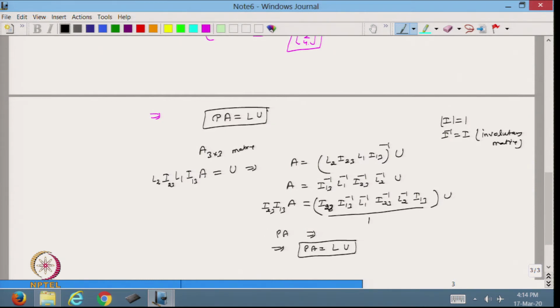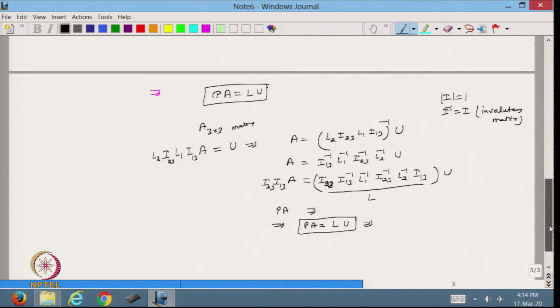So, that is my L and this is my U. So, this will give me the lower triangular matrix and this will give me the upper triangular, and my PA will be this one. So, that is the matrix with the permutation of the rows.